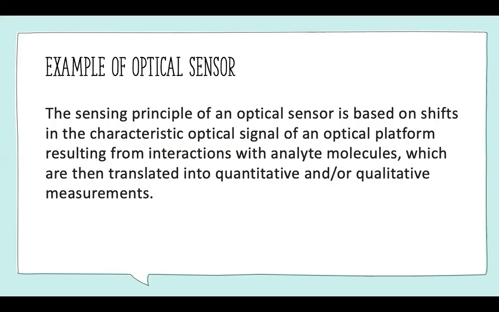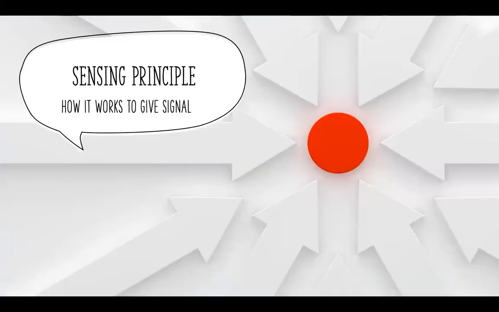Now, for example, the sensing principle of an optical sensor is based on a shift in the characteristic optical signal or optical platform resulting from interaction with analyte molecules. I'm just giving you an example of a sensing principle.